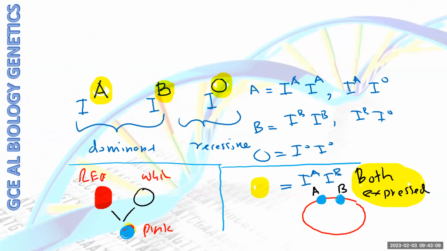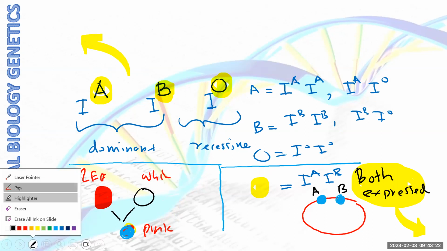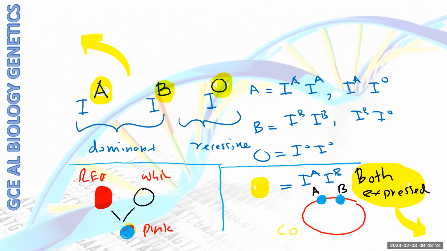One example, two concepts. Concept one is multiple alleles. This example is called codominance. That's called codominance, right? Codominance.